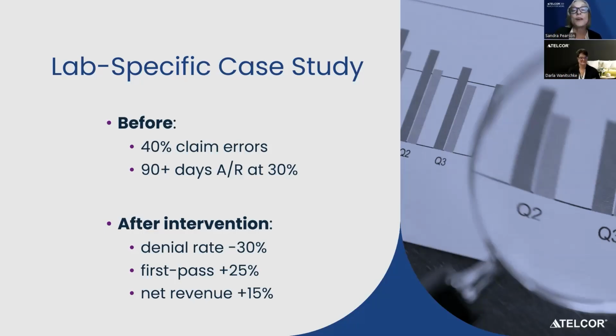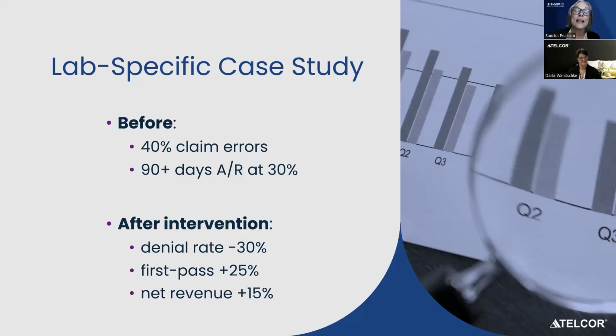They were set up for failure from the get-go. They were not going to make it. Some of them weren't even going to make it through front-end edits. And our AR of over 90 days was at 30%. Kind of makes sense, right? If 40% of your claims weren't complete and clean, you would have an AR of 30%.